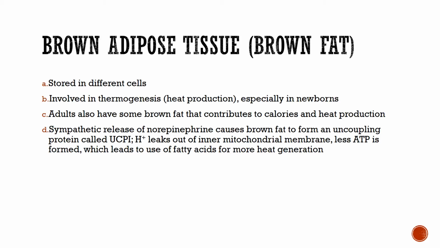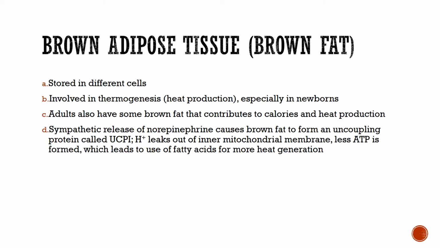Brown adipose tissue, or brown fat, is not as common as we age and become adults. We do still have some in certain areas, like underneath the scapula. The purpose of this is mostly for thermogenesis, or heat production, and this is very high in newborns.